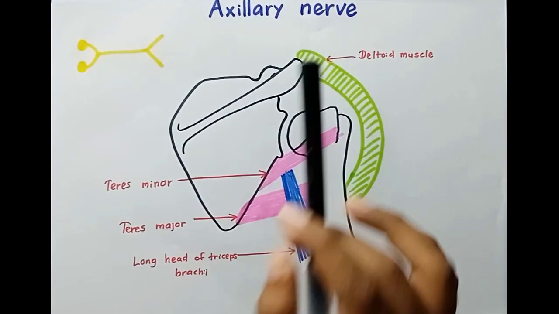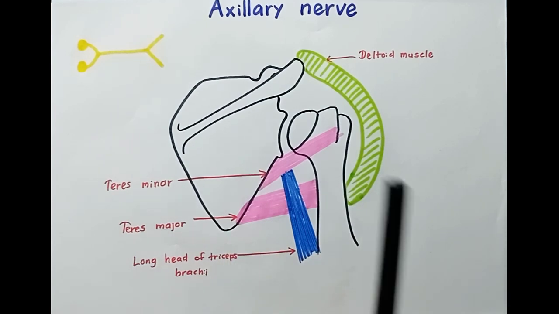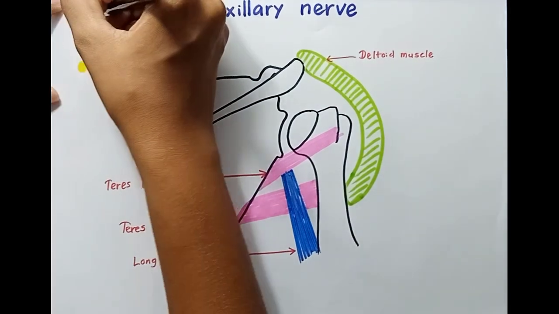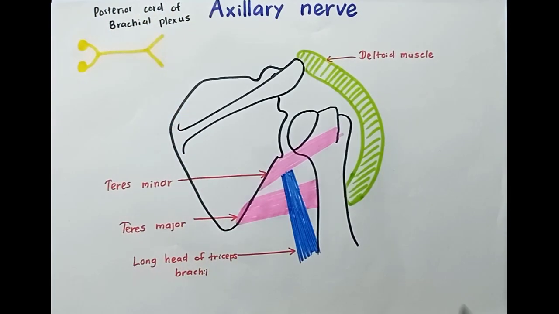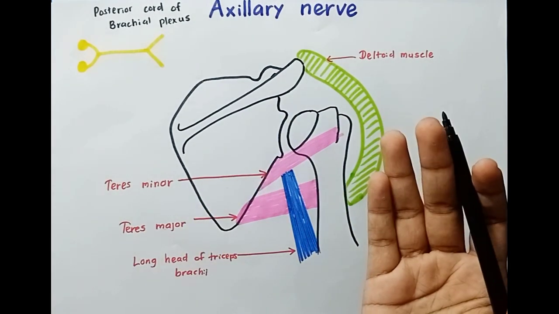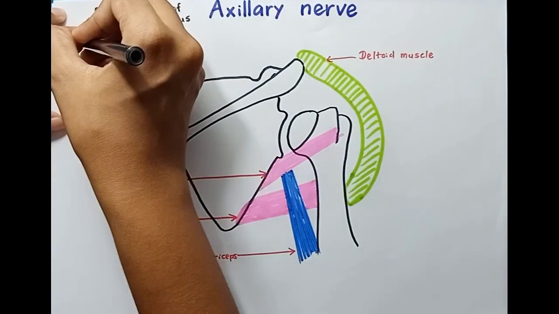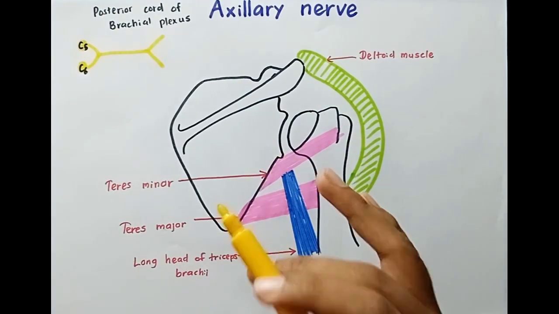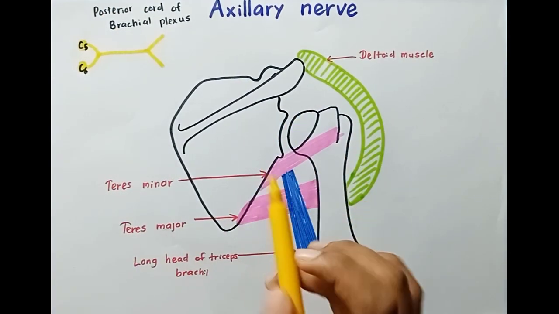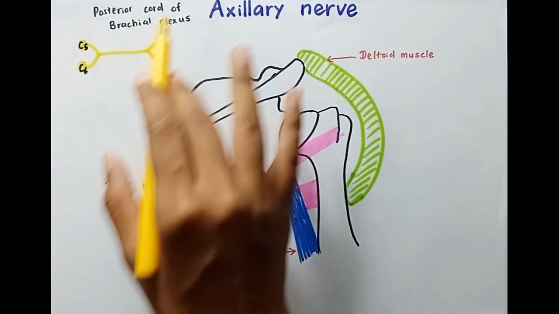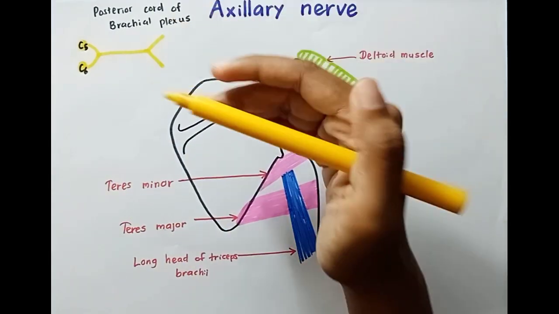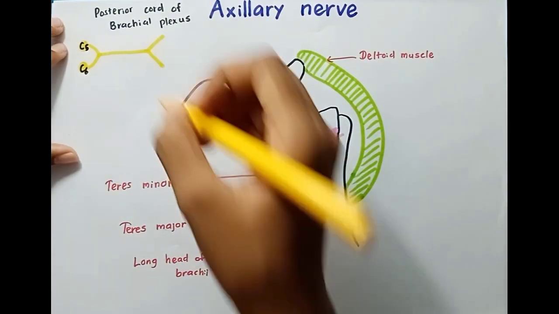The axillary nerve arises from the posterior cord of the brachial plexus, and this carries fibers from C5 and C6 spinal nerves. After giving a branch to the shoulder joint, this axillary nerve divides into anterior and posterior branches.